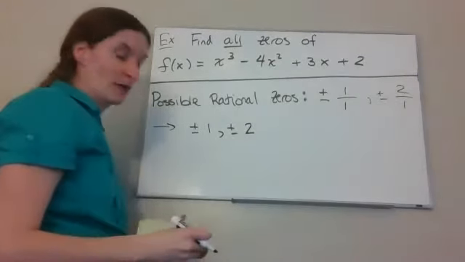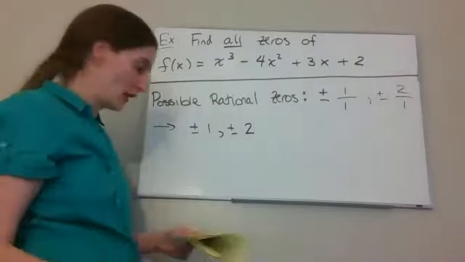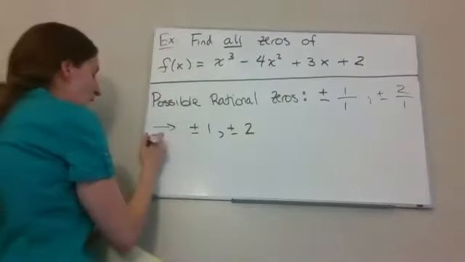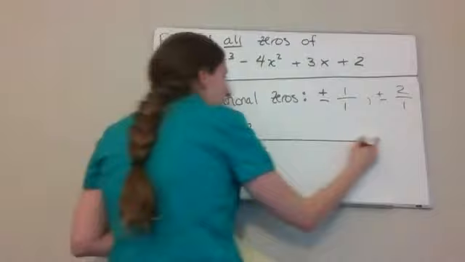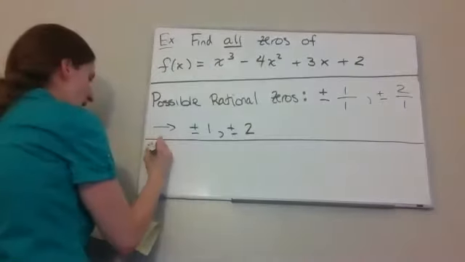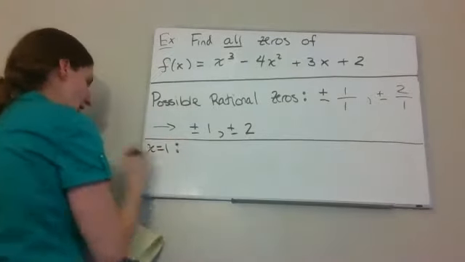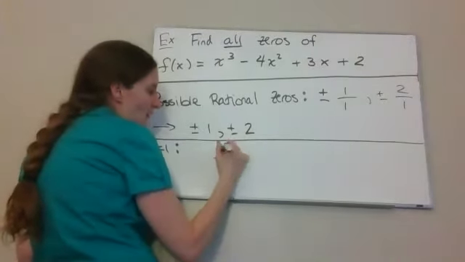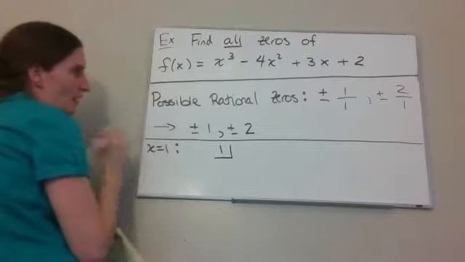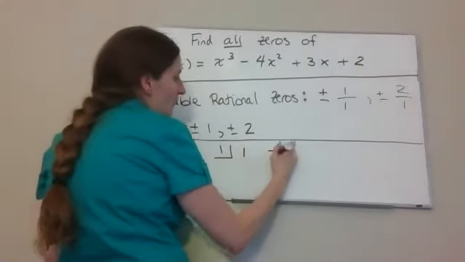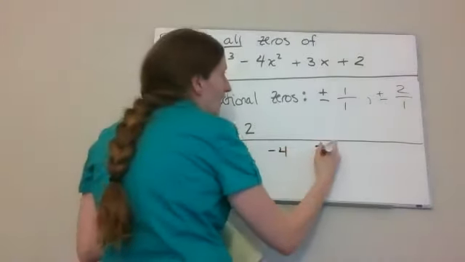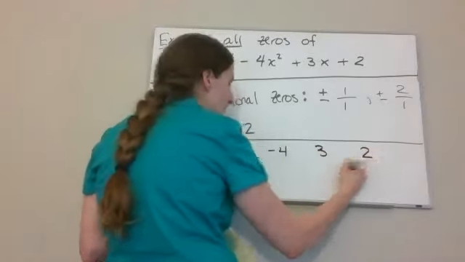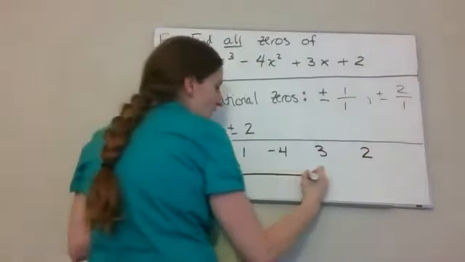So let's start by trying to see if any of these actually are a zero. We're going to use our synthetic division to help us with that. Let's start with x equals 1. Is that going to be a 0? Well, to find that out, we can do synthetic division with a 1 in the box, put our coefficients of our polynomial over here, and do synthetic division.